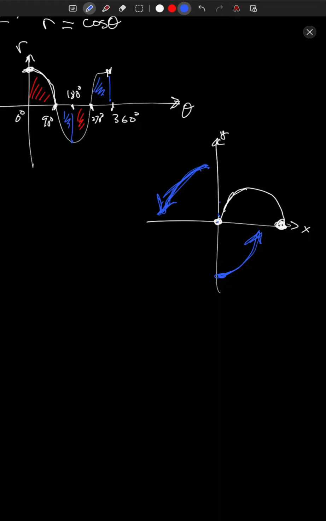It's very easy to get confused as to what direction you should be moving. So draw 90 to 180 first, and then if it's negative, you draw the arrow in the opposite direction.